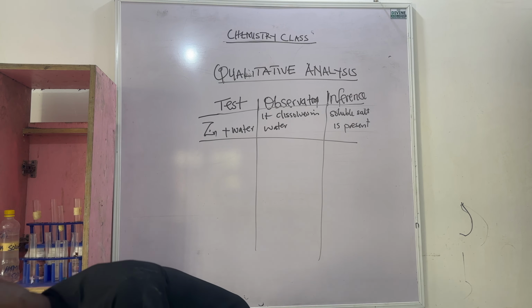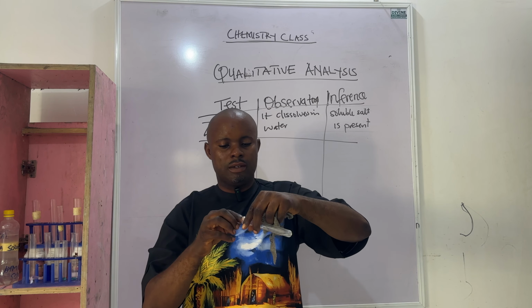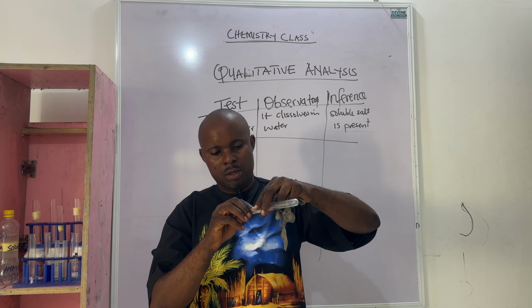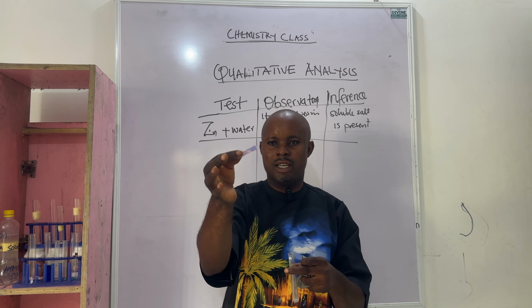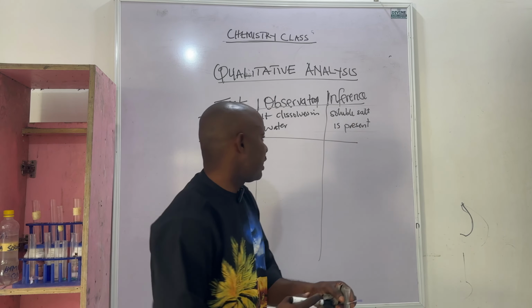That means you're not following: the blue litmus paper did not change. So let's use the red litmus paper. You can see it changes the red litmus paper blue. A substance that changes red litmus blue is basic.